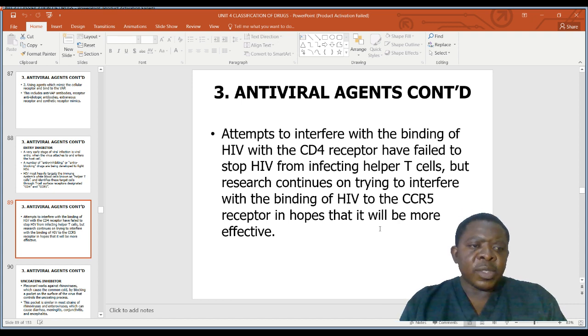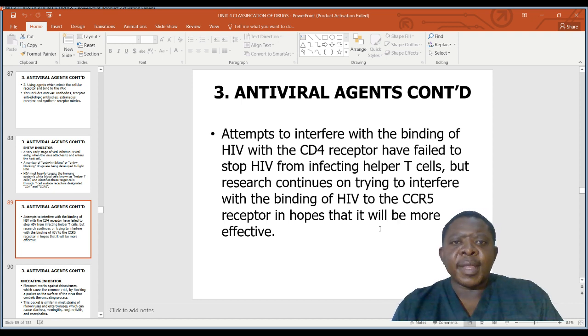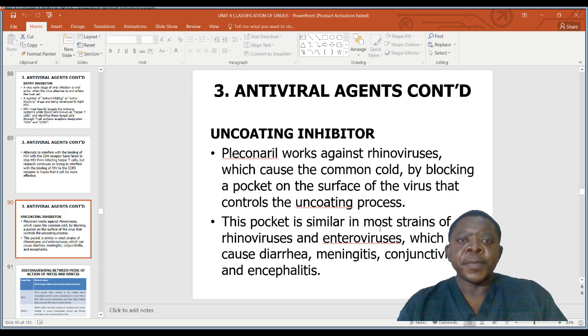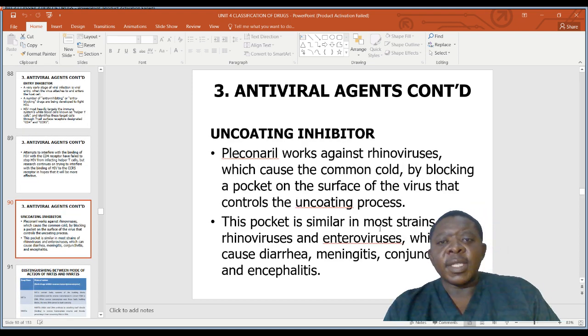Attempts to interfere with the binding of HIV with CD4 receptors have failed to stop HIV from infecting helper T cells. But research continues on trying to interfere with the binding of HIV to the CCR5 receptor in hopes that it will be more effective.